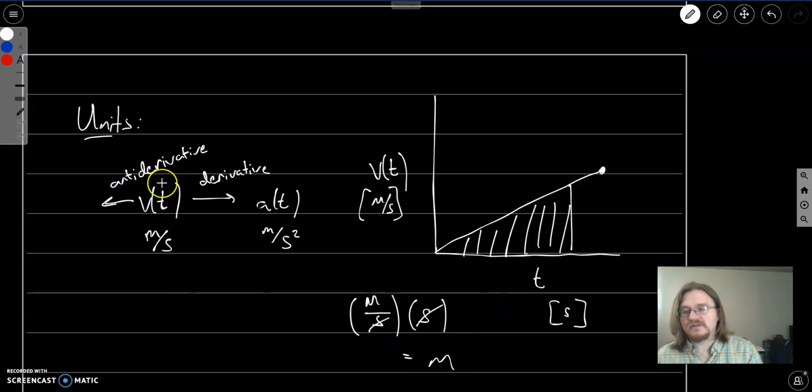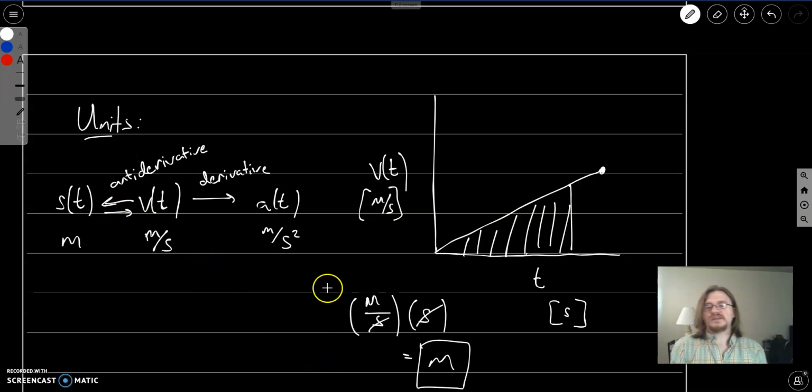This makes sense, because the antiderivative here should be position, which is quite often s of t. So the position is going to be measured in meters. And if I take the derivative of position, I get velocity.